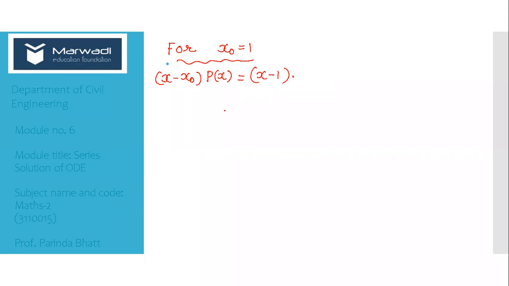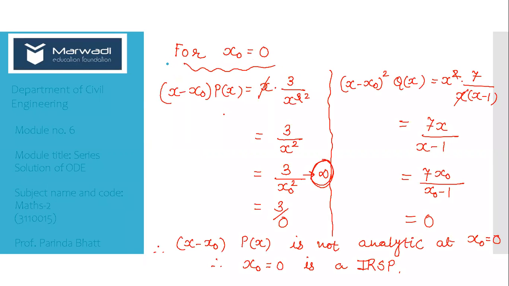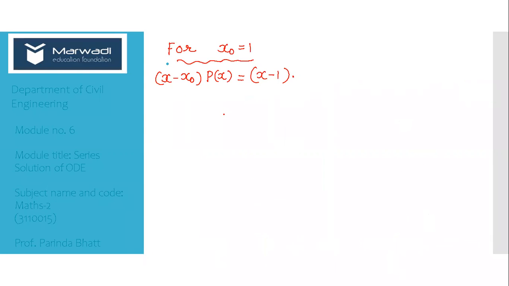Yes, what is the value of P of x, Kunal? P of x is 3 by x cube. And the x minus x0 squared Q of x, x minus 1 whole square.